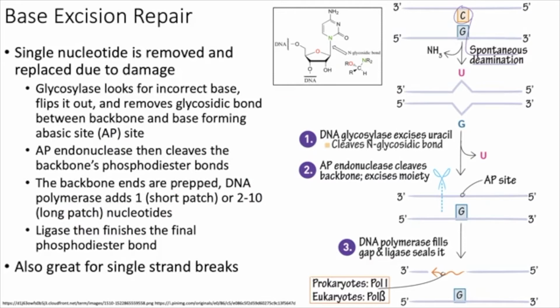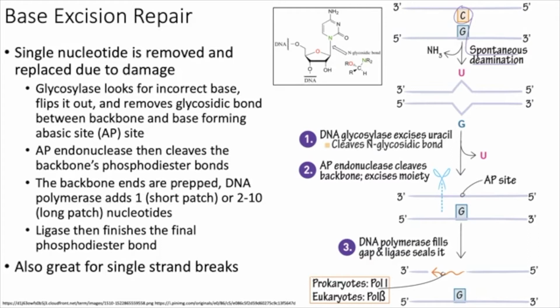So the endonucleases cleave that backbone, and then other enzymes will fix the ends of the backbone, because sometimes the endonucleases don't cleave at the correct carbon. And so it makes sure that those are all ready. And then a DNA polymerase, not the typical kind that would normally do the elongation, but most creatures, even prokaryotes and eukaryotes, have a special polymerase that will fill in these little gaps.